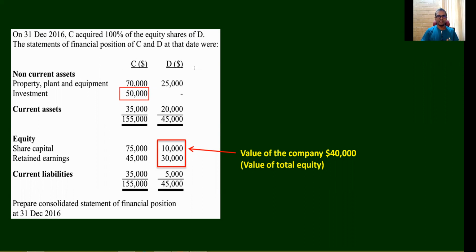Okay. We have good relationship with our suppliers. We have good relationship with our customers. They know us. They know our products, right? And we have a good employee base. Skilled employees are there. So when you buy our company, even though the net assets value or the equity value is only just 40,000, right?